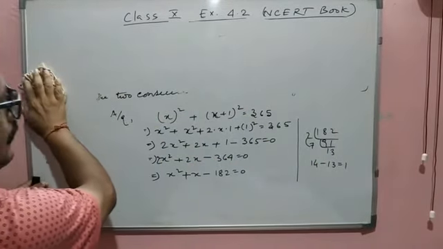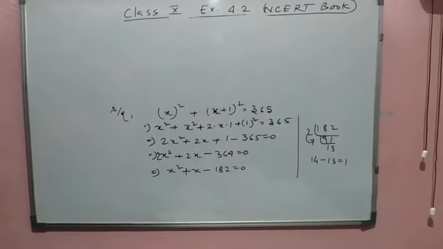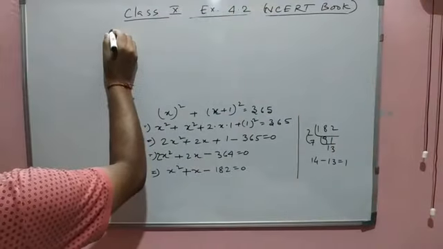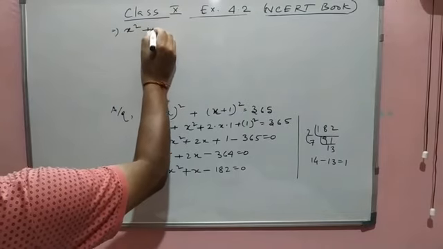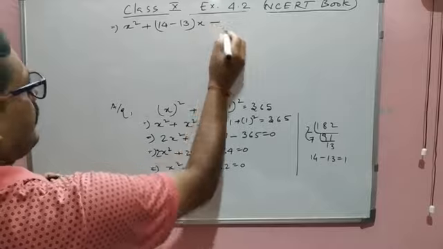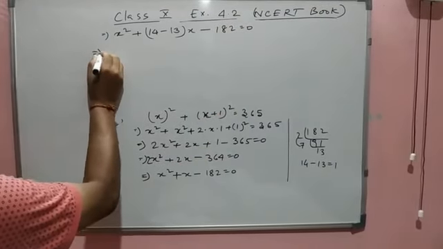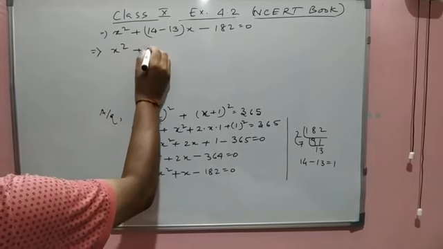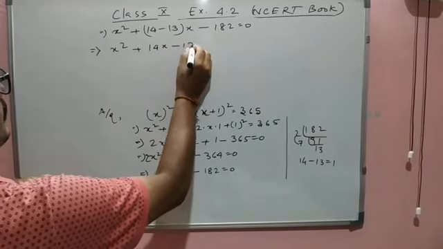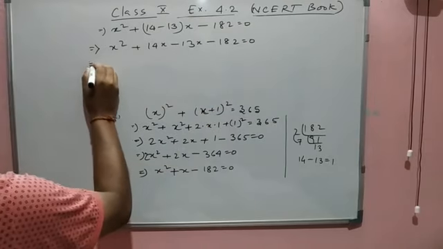You can write middle term factorization as 14 minus 13. So x square plus 14 minus 13 x minus 182 equal to 0. Now we can write this as x square plus 14x minus 13x minus 182 equal to 0.